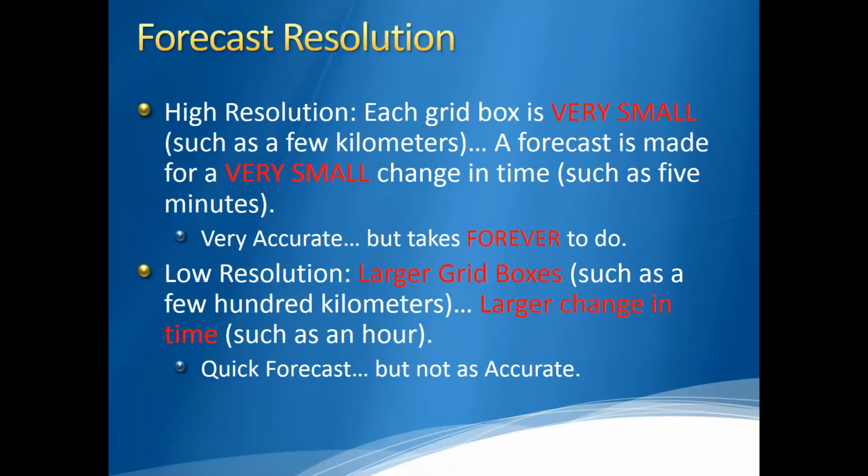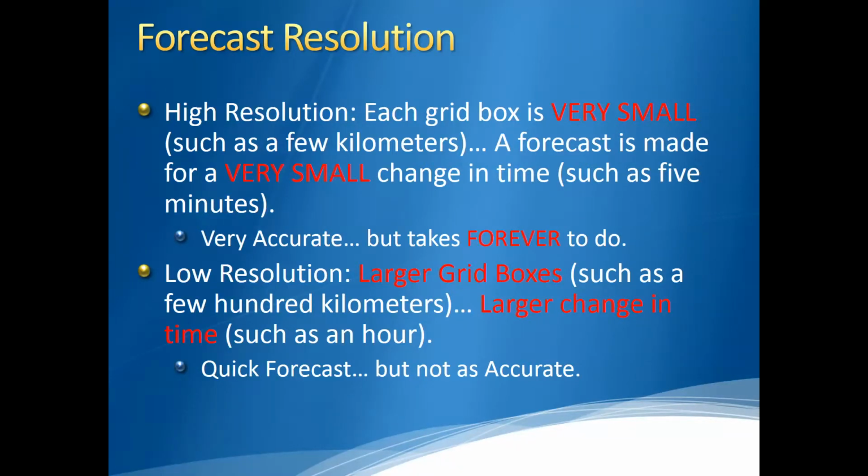Now in this case, you're not running those equations nearly as many times. You're not using up as much energy. You're not using up as much computer space. These forecasts are a lot easier to do. And many of these kinds of forecasts you can do on your computer, or on your iPhone. They don't take long to do. But they're not nearly as accurate.